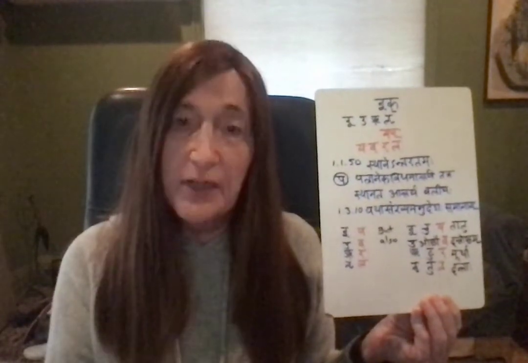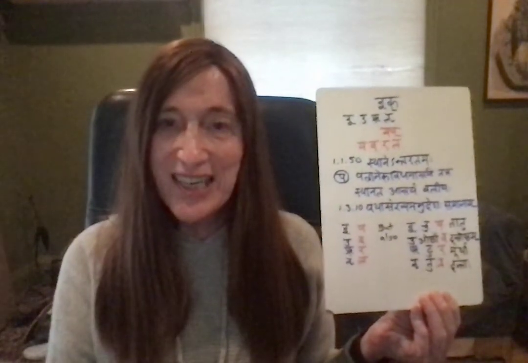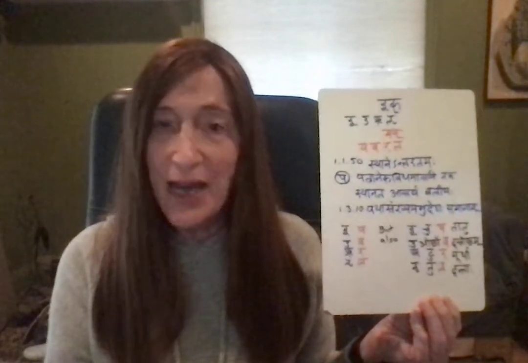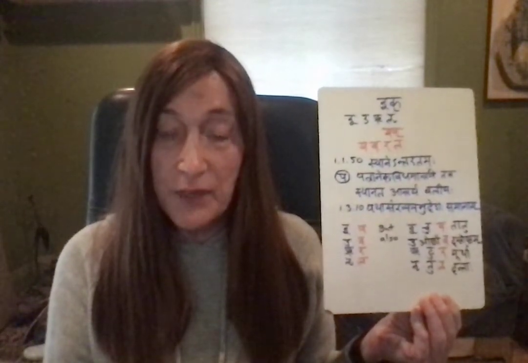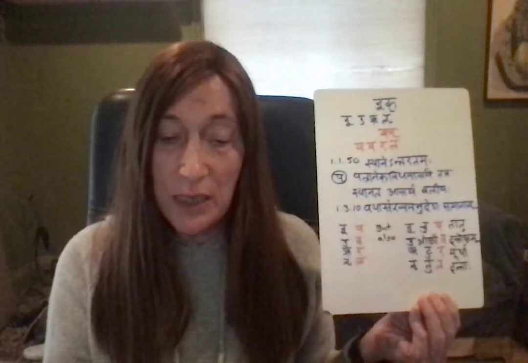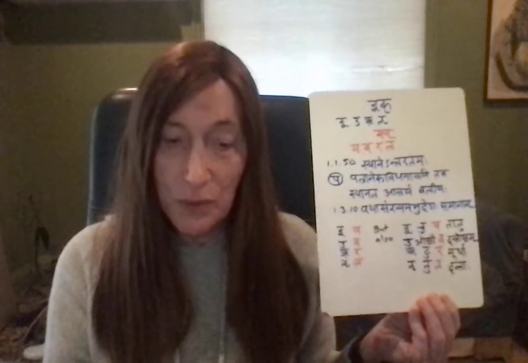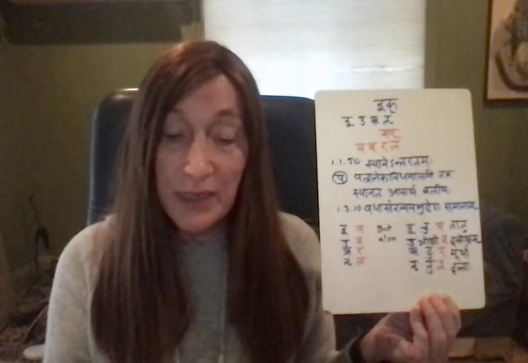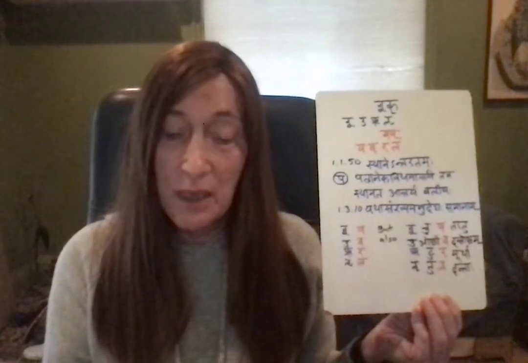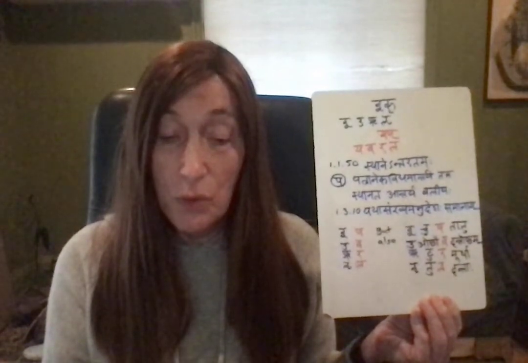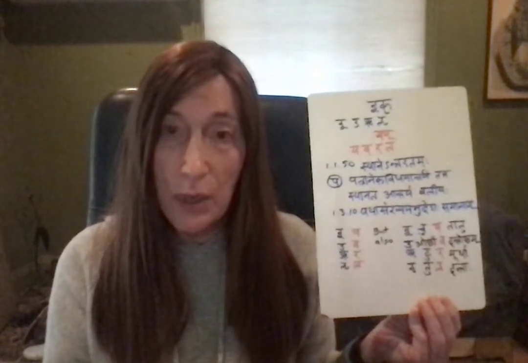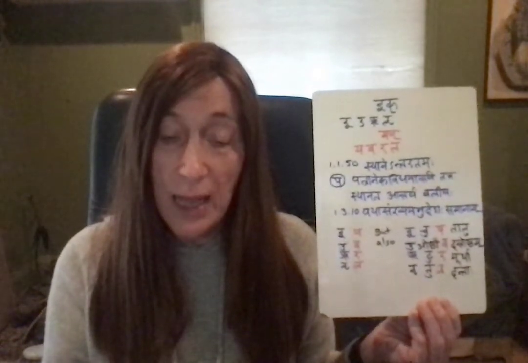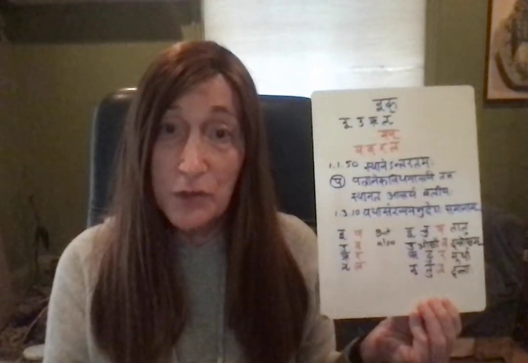If you go back to our discussion about places of articulation, you will remember that we have Ichuya Shanam Talu. So both I and Ya are Talu. U Oshtau, or U Pupadmaniyanam Oshtau, and Vakarasya Dantoshtam.